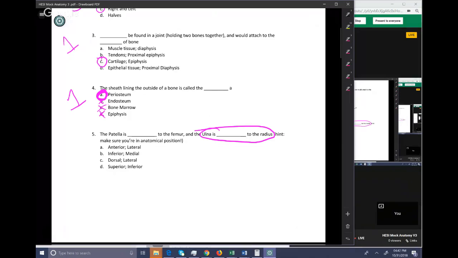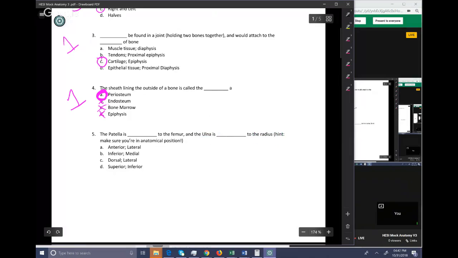Nobody will mind. I definitely gravitated to the ulna and radius as the one I wanted to answer first, because I noticed right away, and again, we all think differently, that the patella versus the femur, I can think of 2 ways off the top of my head that you might compare those that are totally different. This one, ulna and radius are next to each other. There's only one way to look at that, which is that one of them's closer to the midline, one of them's further from it, which is medial and lateral.